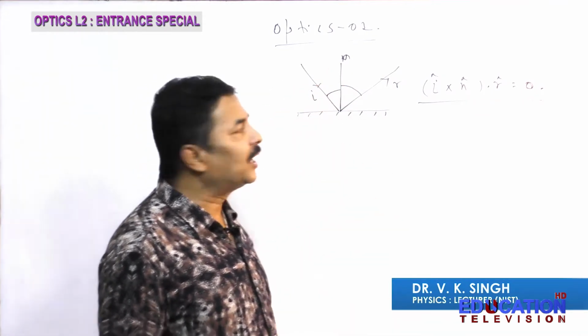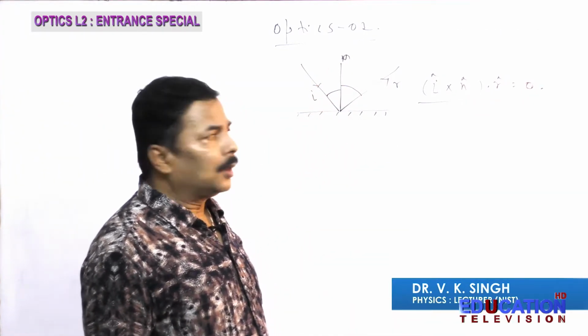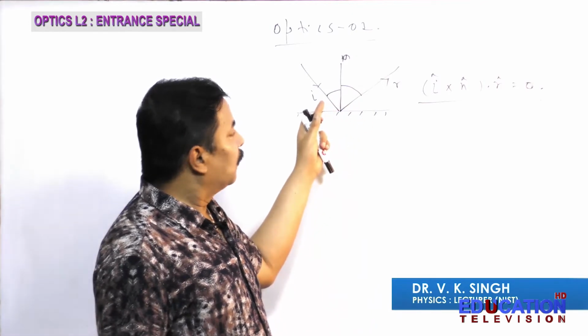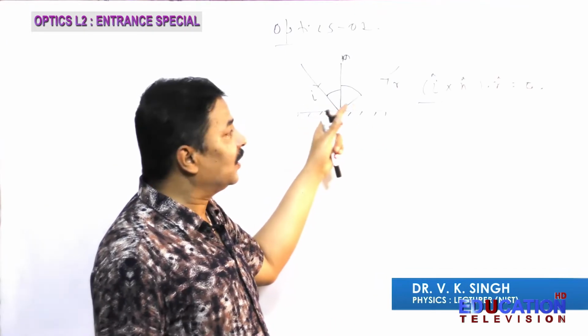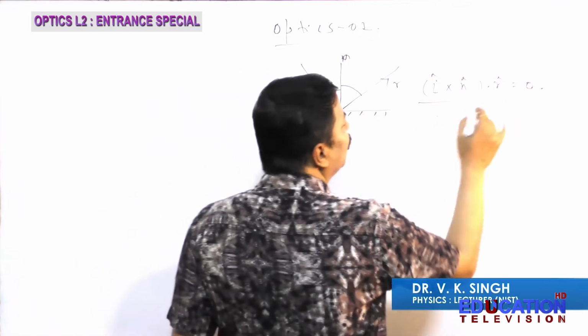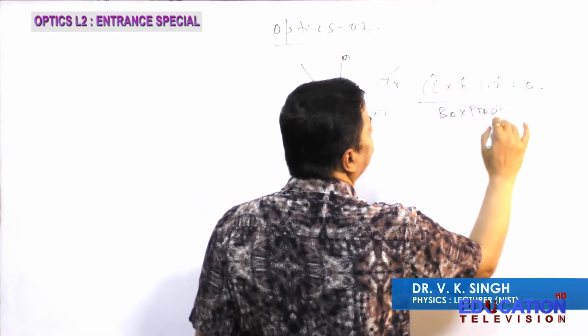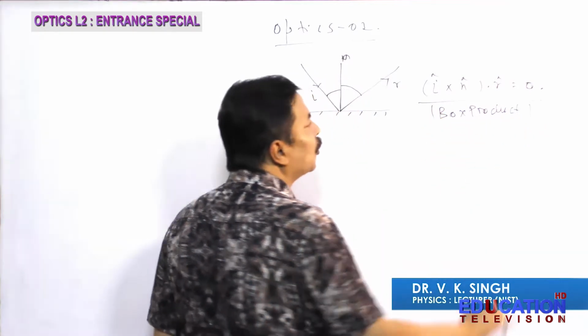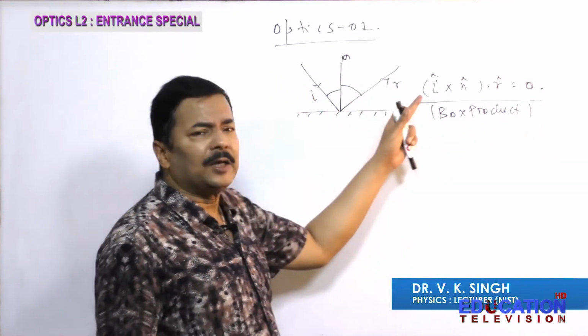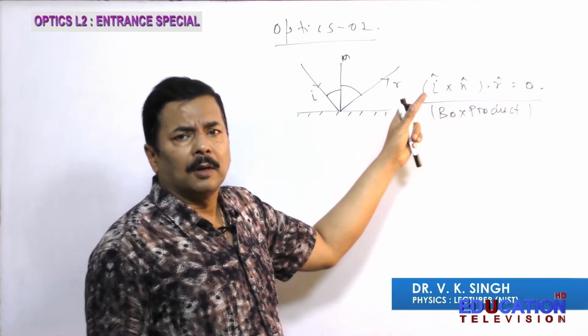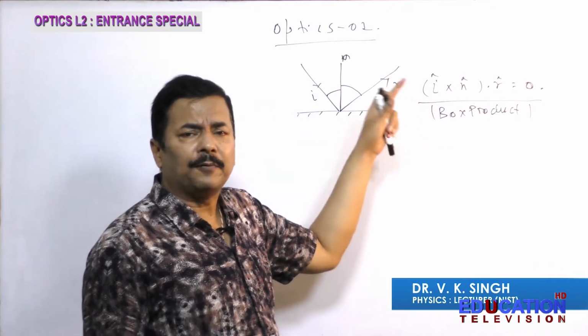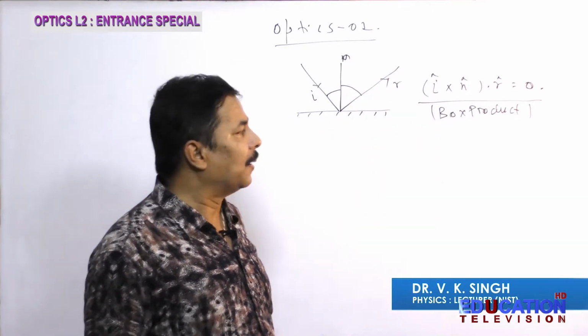If they are represented by vectors, then this should be 0. This is called the box product. So the box product should be 0. This is the meaning of the incident ray, reflected ray and normal lying in the same plane.